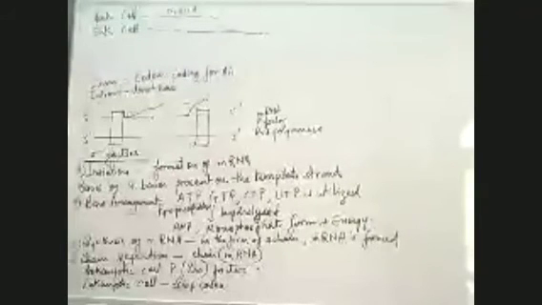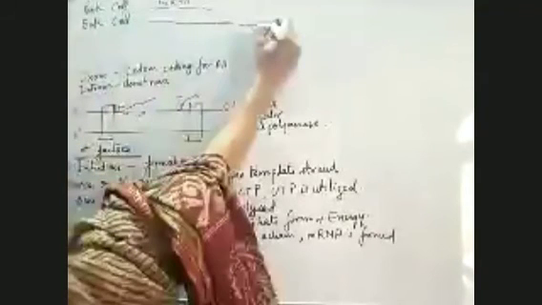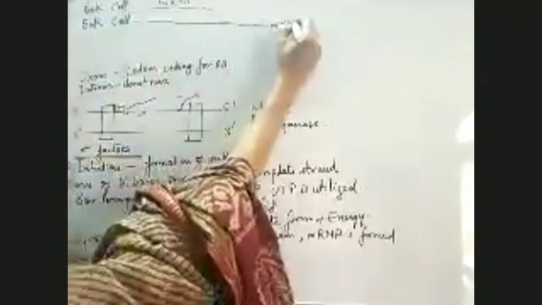a little interruption, like the heterogeneous RNA which is formed. Even I have interruptions of introns in between. So here, as I have made in the diagram, in the case of a eukaryotic cell, the messenger RNA which is formed is not continuous.